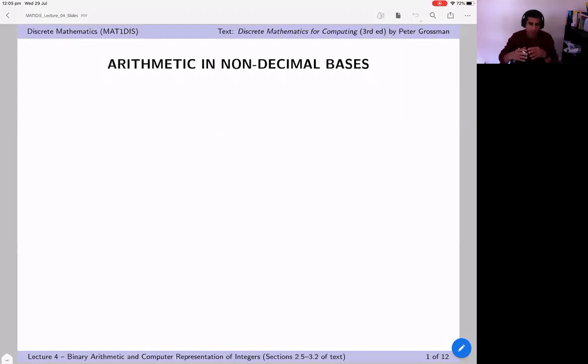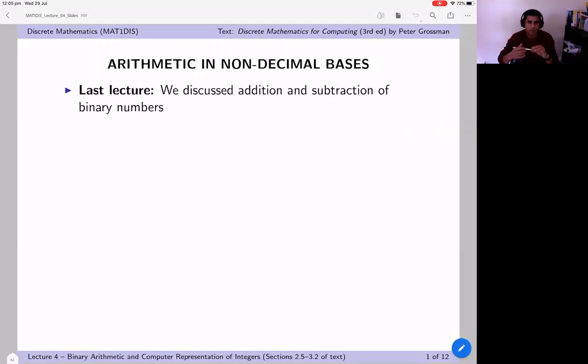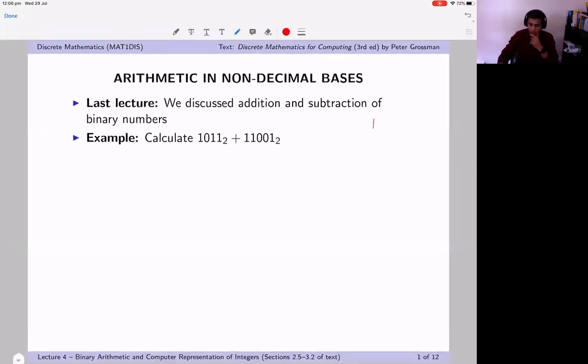All right. Okay, so starting with arithmetic in binary. Previously, we discussed addition and subtraction of binary numbers. For example, now if I want to add these numbers, 1011 and another, these are both binary numbers. The process is the usual process of addition that you have done for decimals at school.